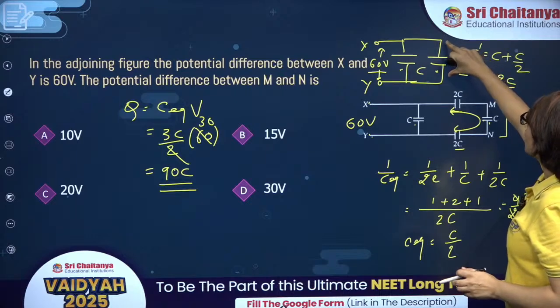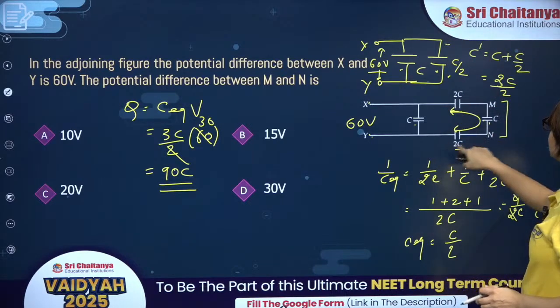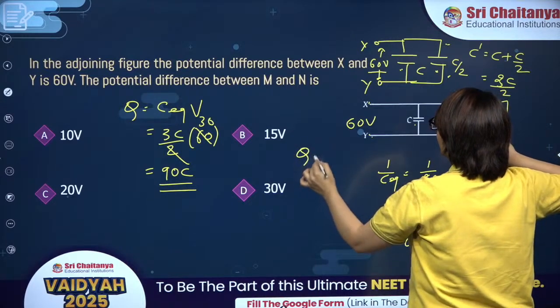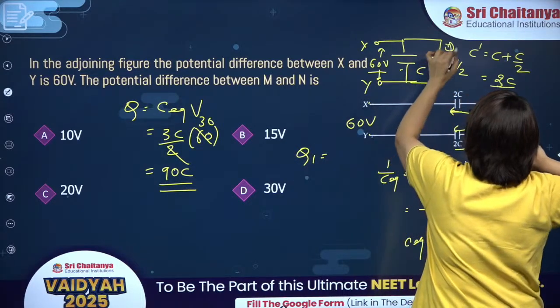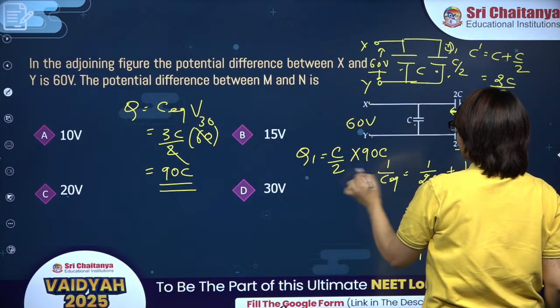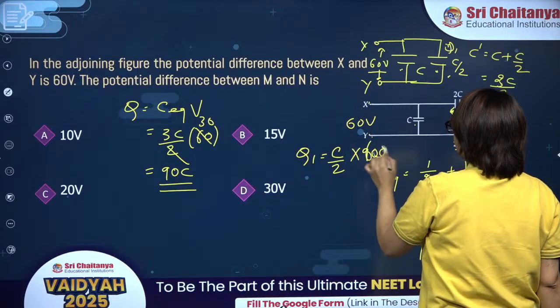What is the charge on this C by 2, which is the combination of these 3? Q is equal to CV. Let's say the charge on this one is Q1. So it is C by 2 into V, sorry, it is 60 volt.